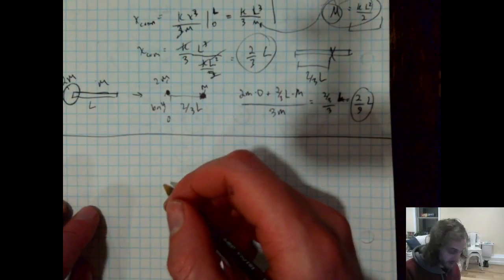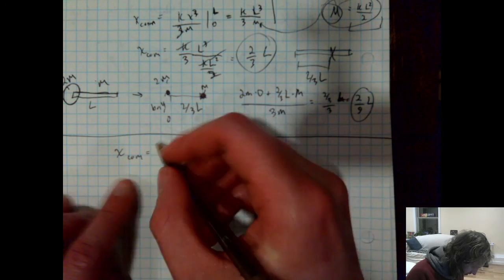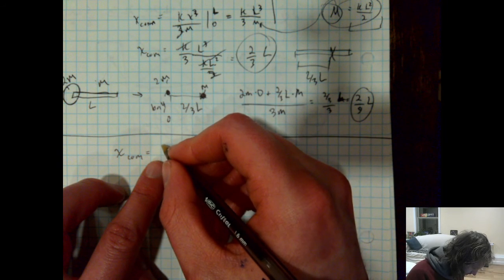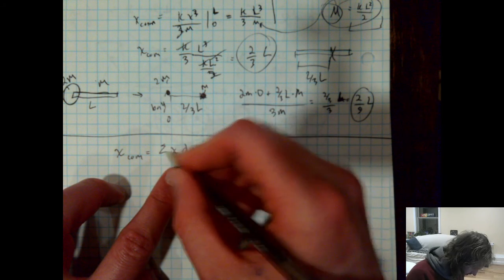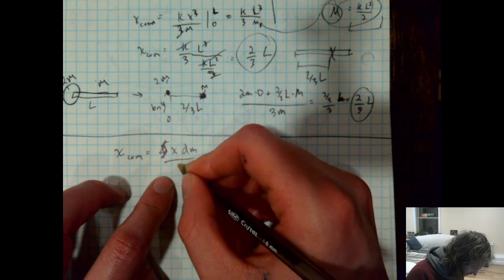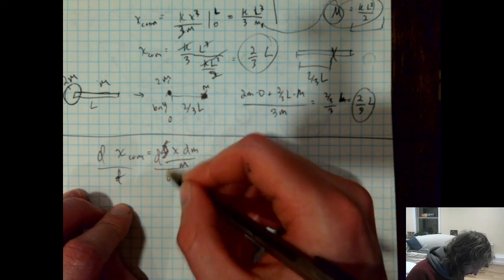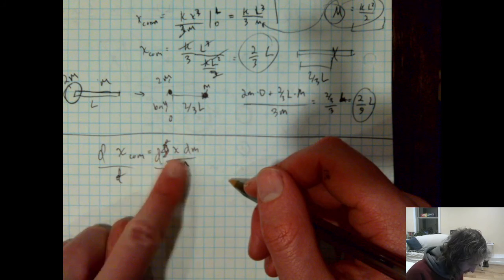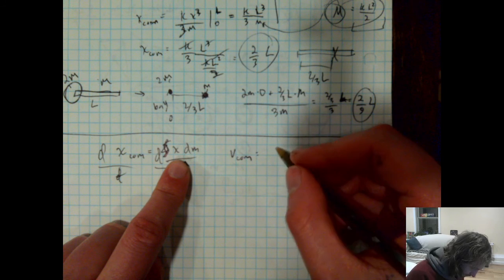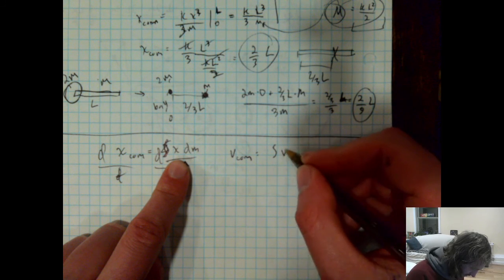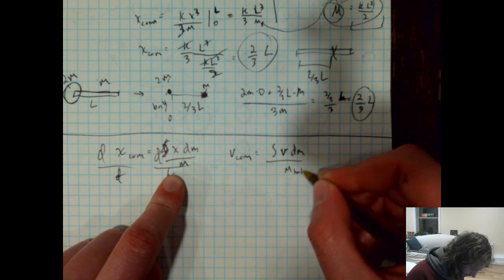So if you are looking for center of mass velocity, the good thing is that because x center of mass is equal to the sum of x, or the integral of x dm, divided by mass, if we take the time derivative of that on both sides, because mass isn't changing with time, just position is, we'll get that our velocity for a center of mass will be equal to our summation of our velocities times our mass divided by our total mass.